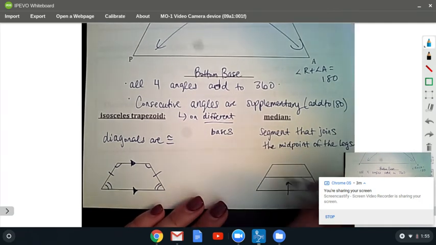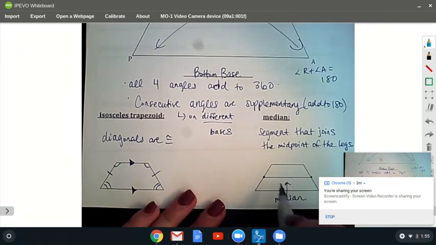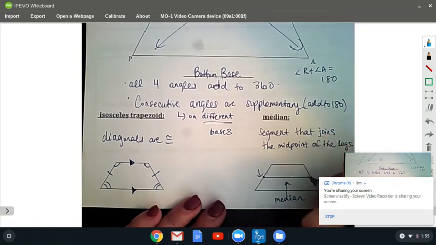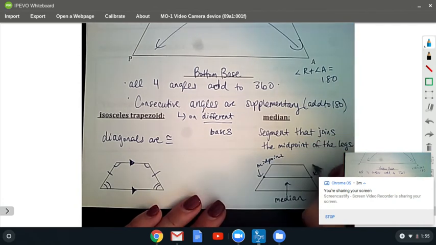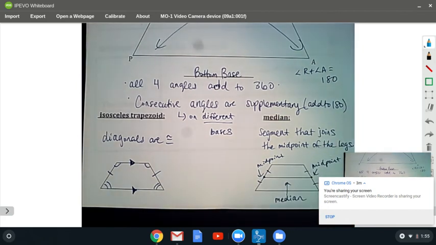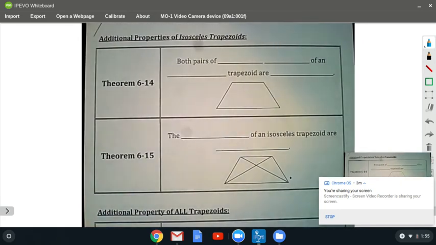So this right here would be a median, making these 2 points midpoints. Remember that a midpoint makes these congruent. Do not forget that. All right, now I'm going to flip over to the additional properties about isosceles trapezoids.